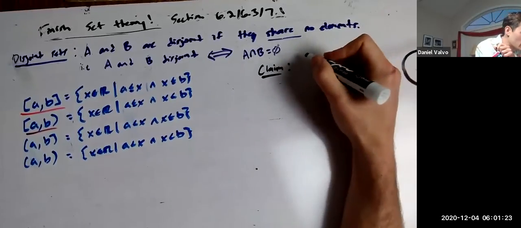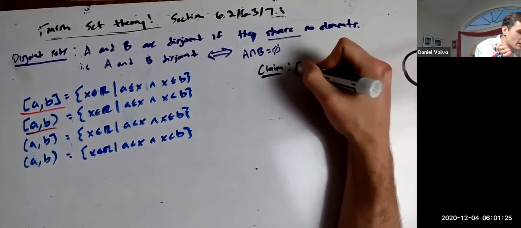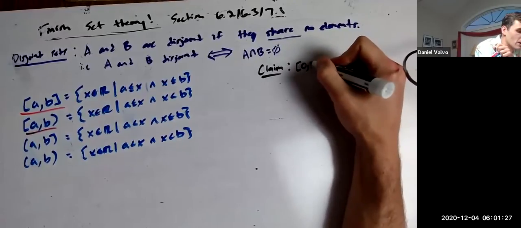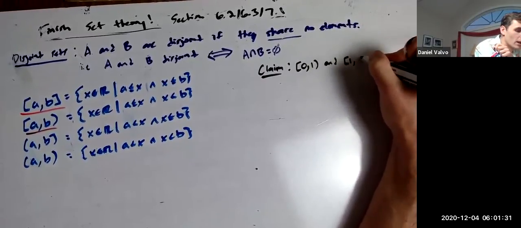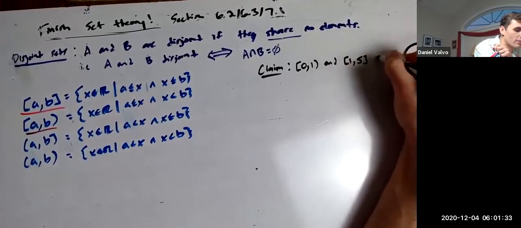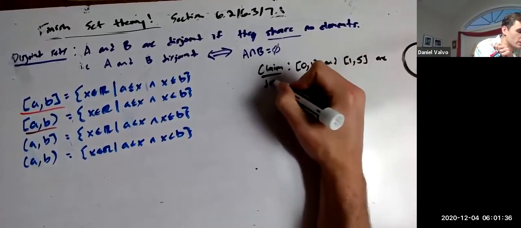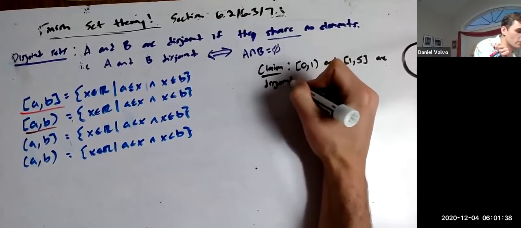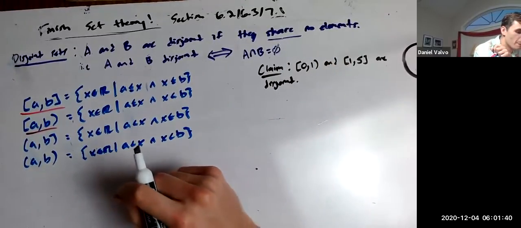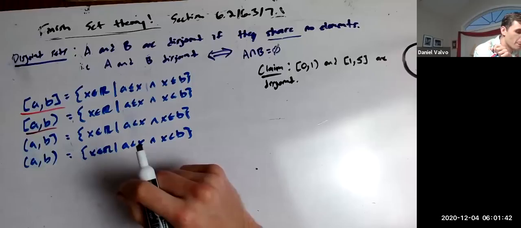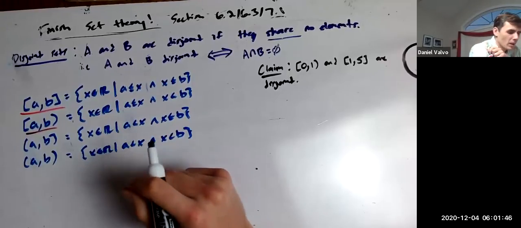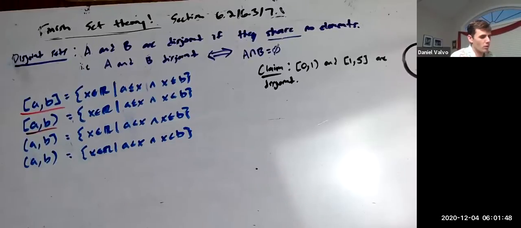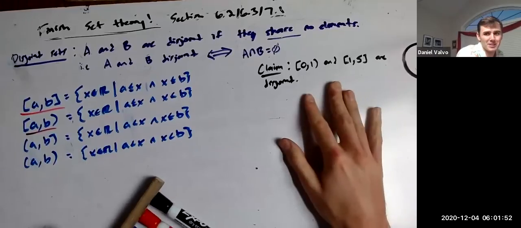Good. So let's say the claim is that [0, 1) and [1, 5] are disjoint. What we're really trying to do is prove they share no elements.